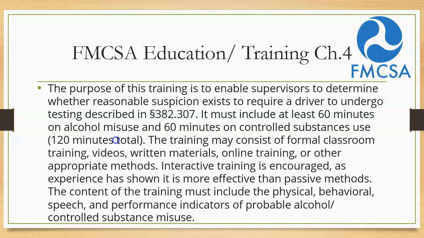It must include at least 60 minutes on alcohol misuse and 60 minutes on controlled substances use, which concludes to 120 minutes total. The training may consist of formal classroom training, videos, written materials, online training, or other appropriate methods. However, interactive training is encouraged as experience has shown it is more effective than passive methods. The content of the training must include the physical, behavioral, speech, and performance indicators of probable alcohol and controlled substances misuse.